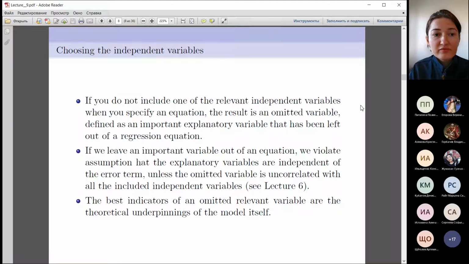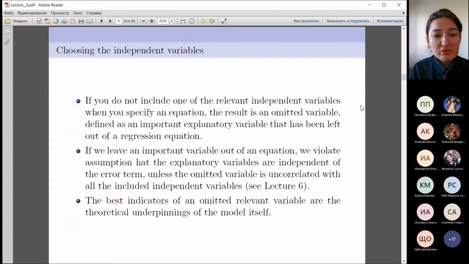So let's start with the first point: how can we choose independent variables? If you don't include one of the relevant independent variables when you specify an equation, you obtain omitted variable bias. We discussed this. If you want to find more details about why this is a problem, please check our 6th lecture. We discussed in detail, with a lot of examples, why this is a problem.